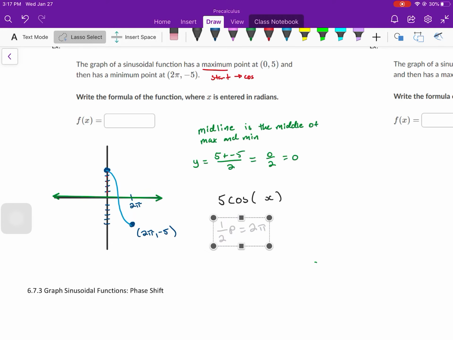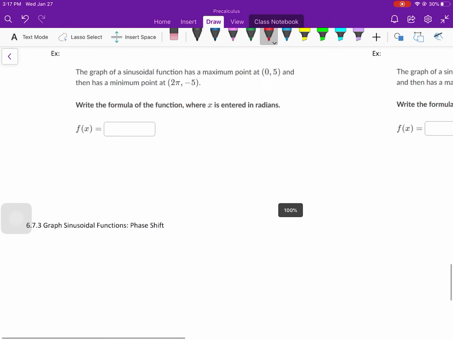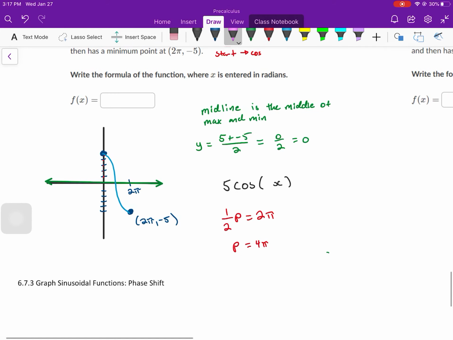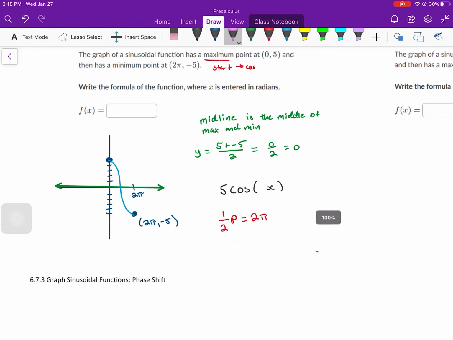So then multiply it by 2. So our whole period is 4 pi. So what is b going to be? Divide by the 4 pi, b equals 1/2. So that's what's going to go in front of x. And there's our equation.